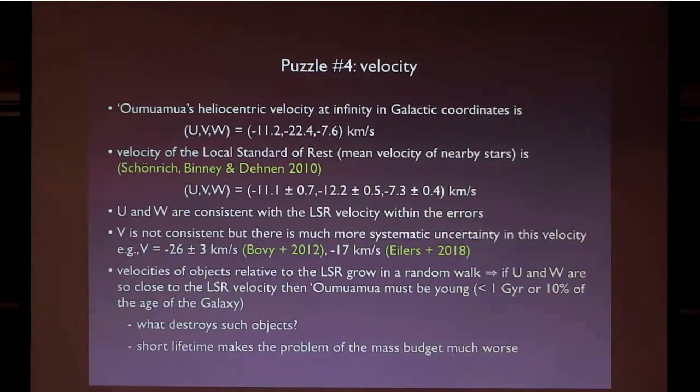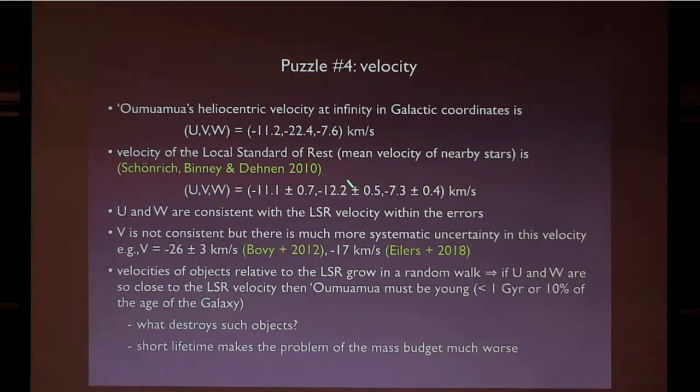The next puzzle has to do with the velocity relative to the local standard of rest. So its heliocentric velocity at infinity looks like this. The standard estimate of the velocity of the local standard of rest looks like this. You can see that the velocity in the radial direction is consistent. The velocity in the vertical direction is consistent.